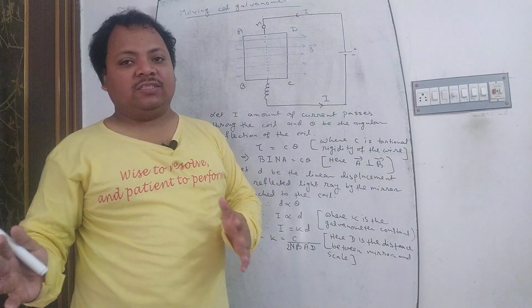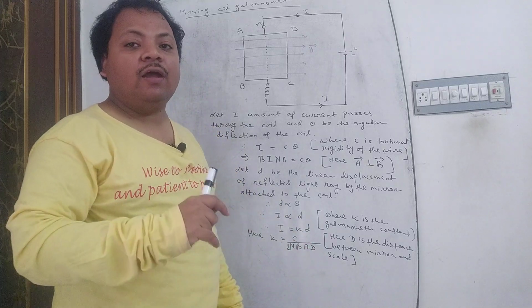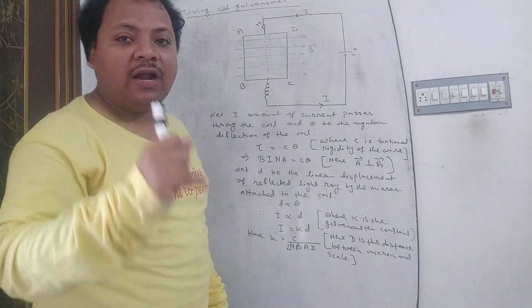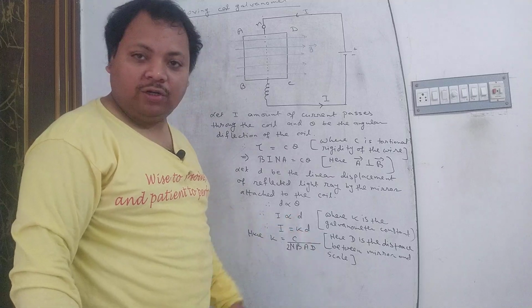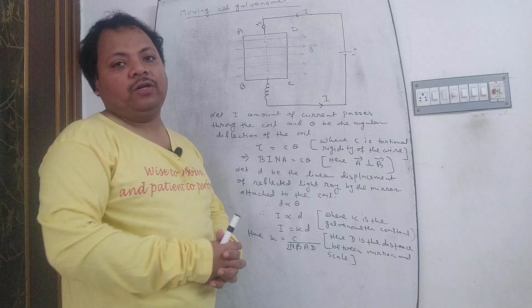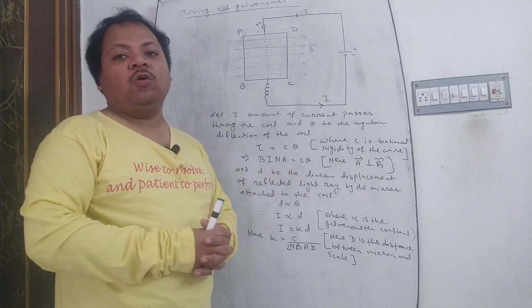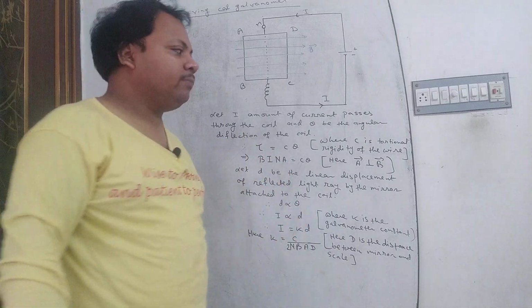Then in the next case, by knowing the value of constant k, we can measure the unknown current I by measuring the value of small d. This is the working principle of the moving coil galvanometer. By this galvanometer, we can measure a very small amount of current.